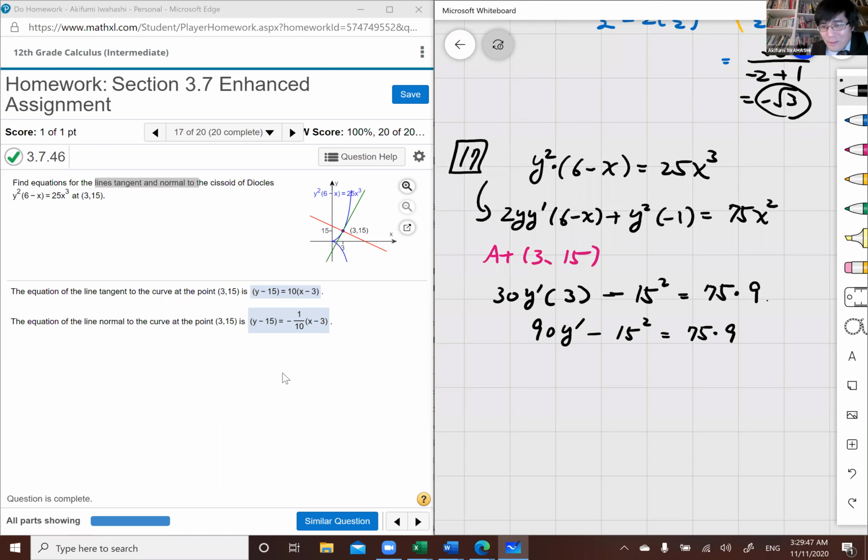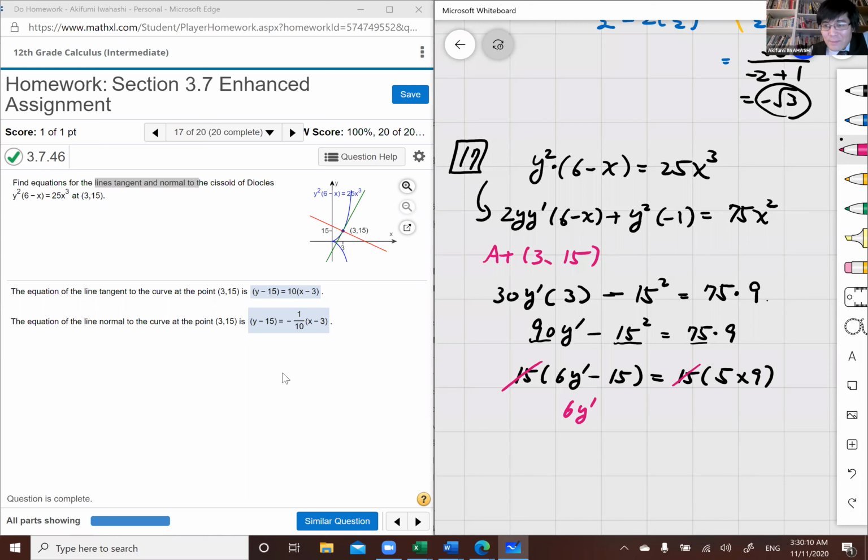You can use a calculator, but you notice that all of them are multiples of 5, or maybe multiples of 15. So you can factor out 15, which makes computation much easier. Then divide both sides of the equation by 15. Now it looks much nicer.